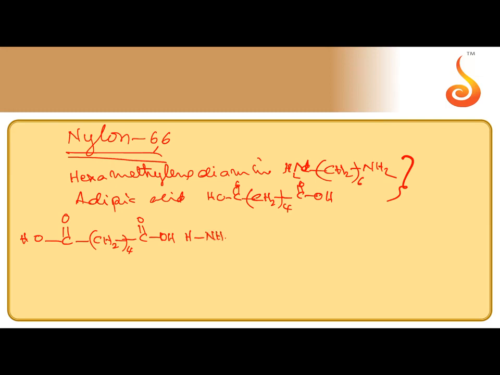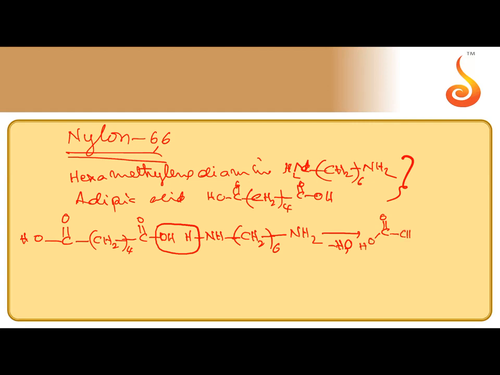While writing hexamethylene diamine, better to show the hydrogen of NH2 separately: 6 CH2 groups, hexamethylene, then NH2. During the polymerization, OH of the carboxylic acid and H of NH2 get connected and form H2O. H2O is eliminated.